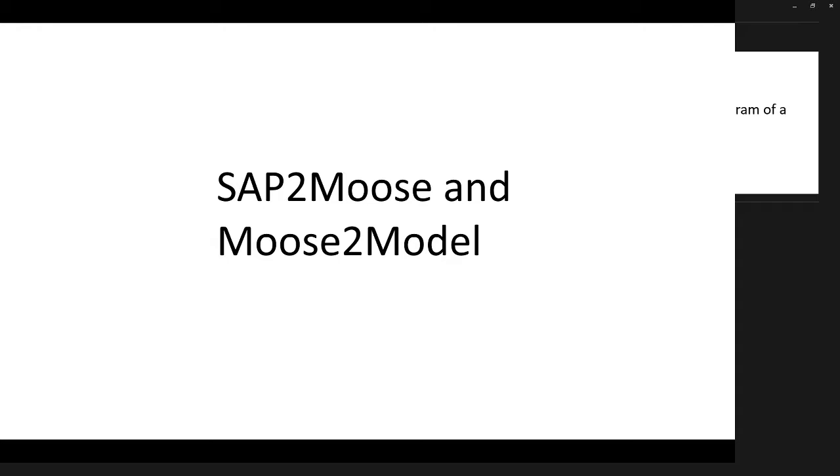Okay, there are two tools that come out of this. One is SAP to Moose, because what Tudor Gilbert showed us was Moose Analysis. Moose Analysis is a platform to do code analysis, to analyze code that is written in different languages.